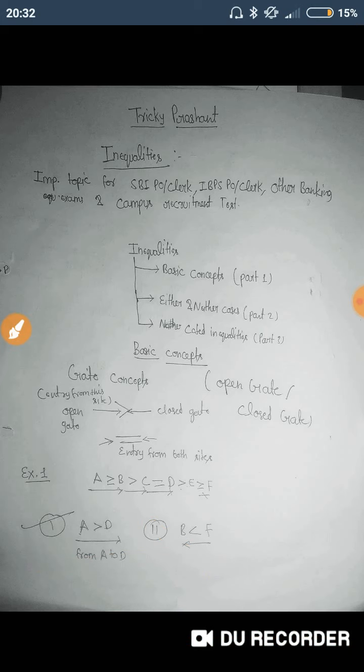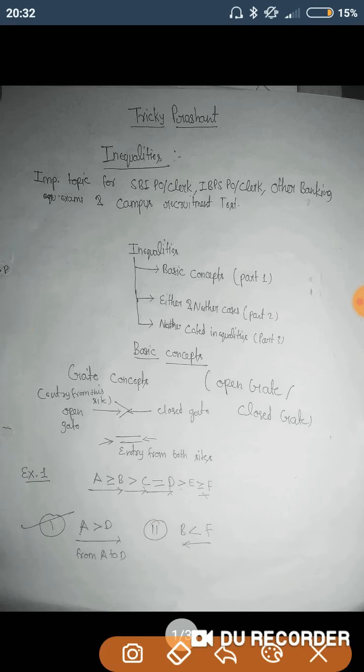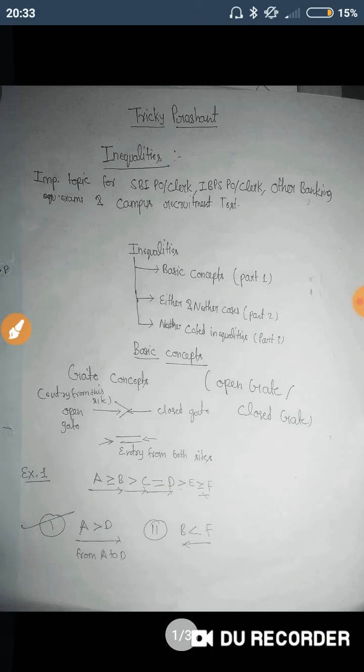We have to choose a path: from a to b, open gate, b to c, open gate, c to d, both sides open gate. So this conclusion is true.